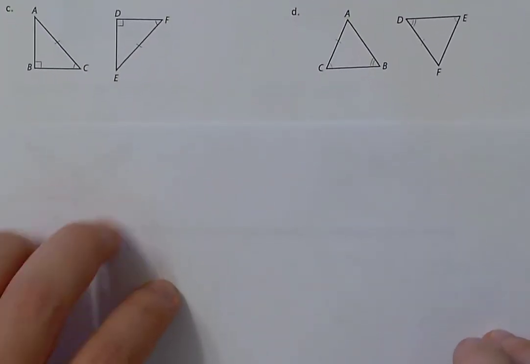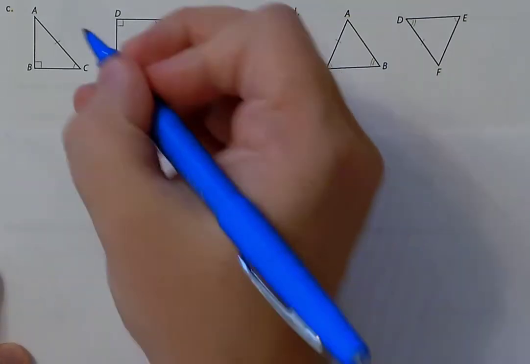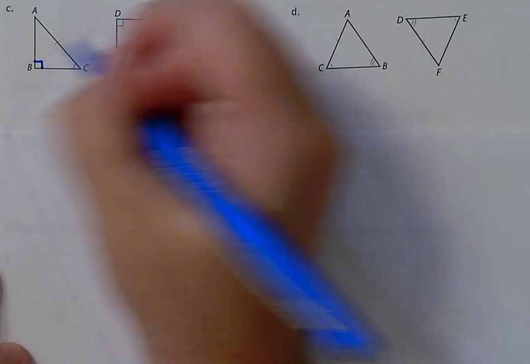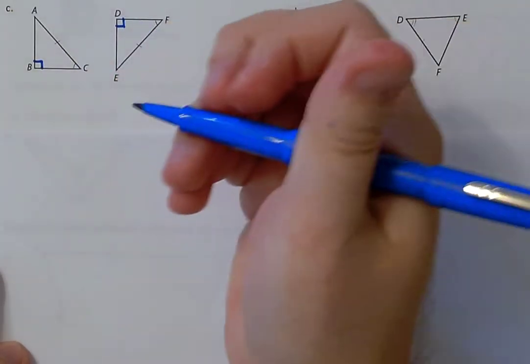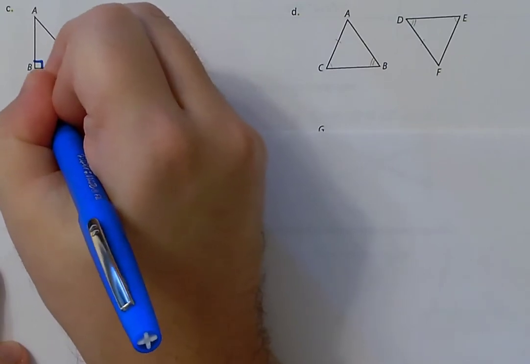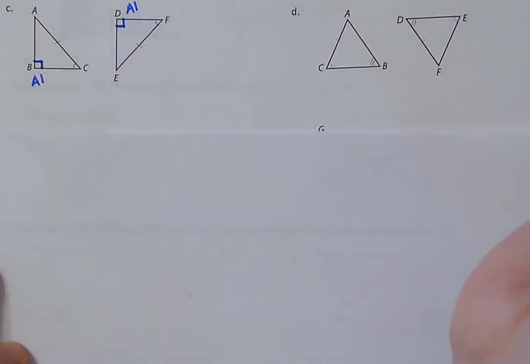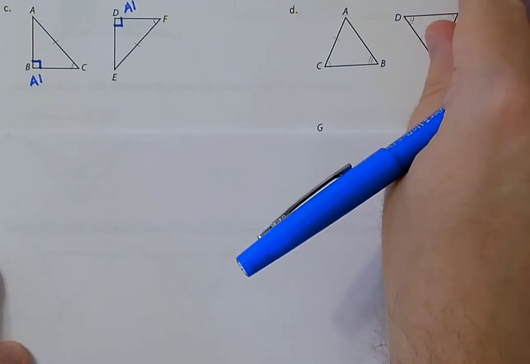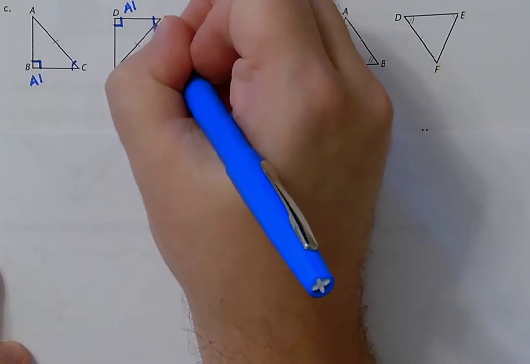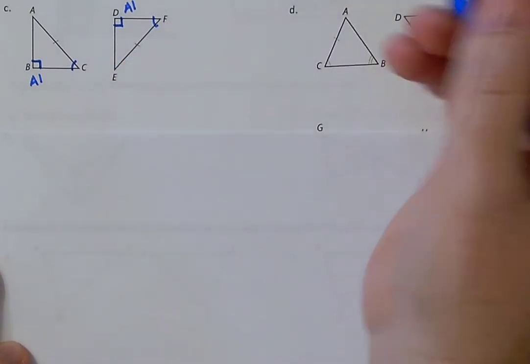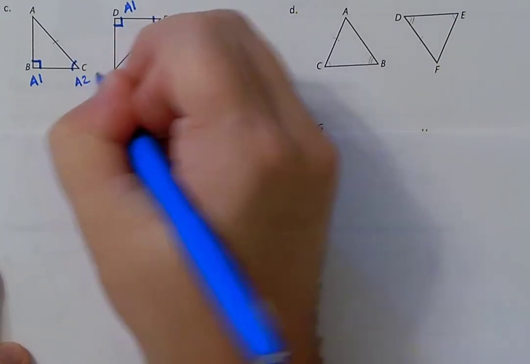If we take a look at C, I know that angle B is congruent to angle D because they're both right angles. So they're both 90 degrees. So that's my angle 1. I also know that angle C is congruent to angle F because they tell me with the one congruent mark. So that's my angle 2.